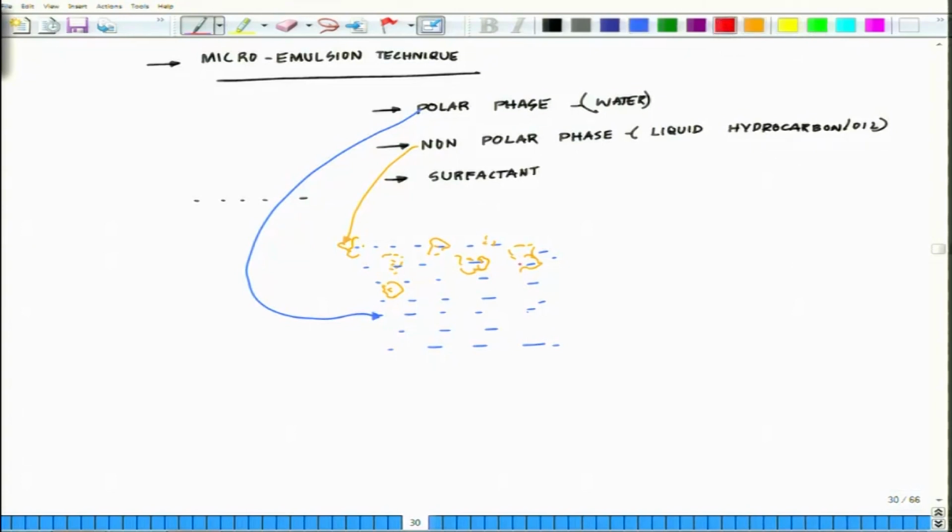Then you have the surfactants, which I am representing with green color, which is this. And now say you wanted to synthesize some particular particle, and that material is in colloidal suspension, like out here, which is red. So you wanted to create a nanostructure of these, the nanomaterial to be synthesized.